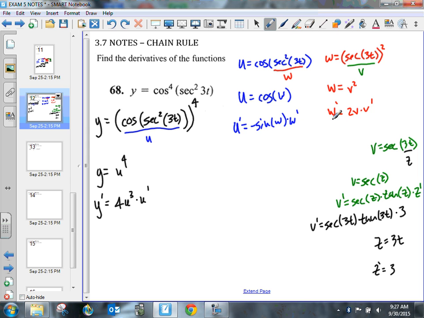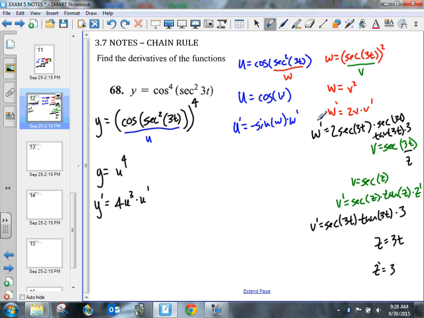Now for W prime, that's going to be 2 times V, so 2 times secant of 3t, times V prime, which is secant of 3t times tangent of 3t times 3.